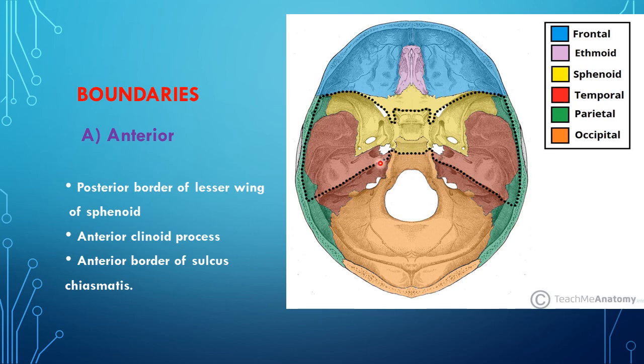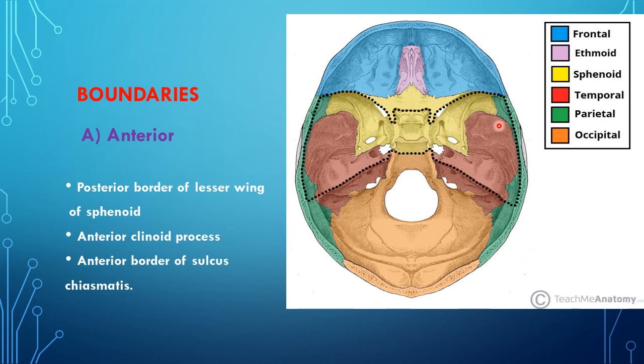Coming to the floor, this whole thing is the floor. Floor has a central portion and on either side lateral portions. The central portion is formed by the body of sphenoid. This is the body of sphenoid. Lateral portion, what do we have? This yellow bone is the greater wing of sphenoid.